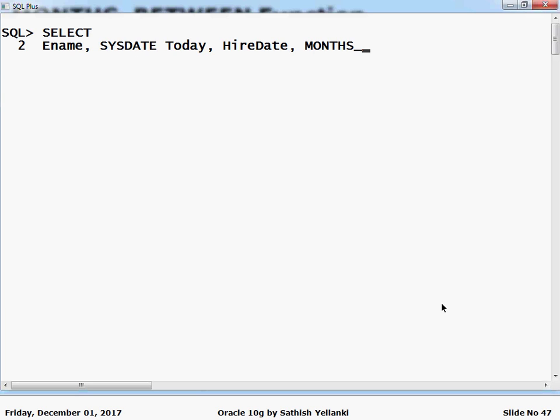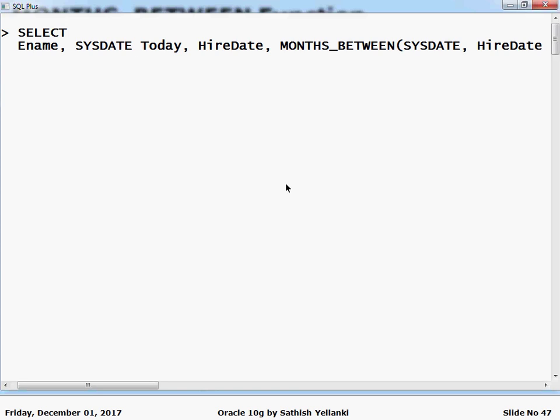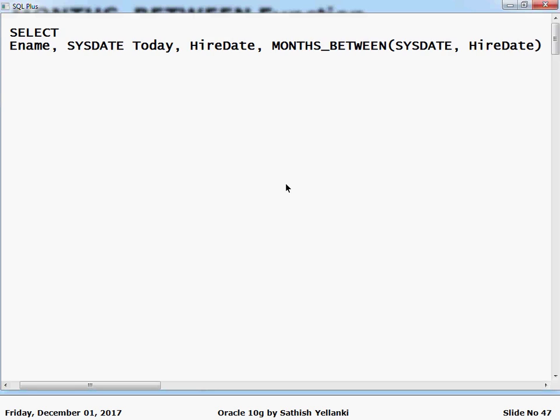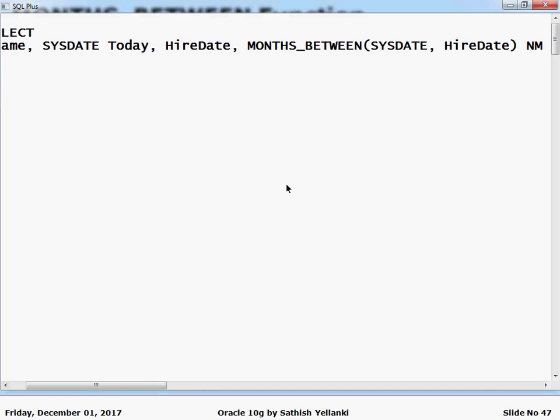Then we are calling MONTHS_BETWEEN, we are calling the sysdate, comma, hiredate. Always see that you are giving the parameters in such a way that the first parameter is the latest and the second one is the oldest. Because it's a numerical concern. If I exchange, what happens? The number of months will be negative, that's all.